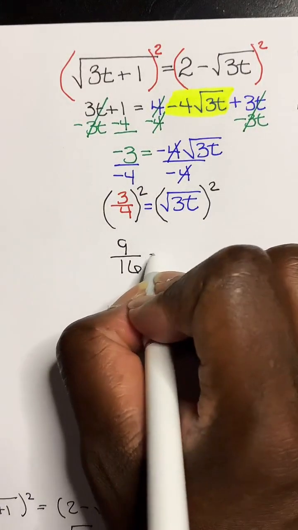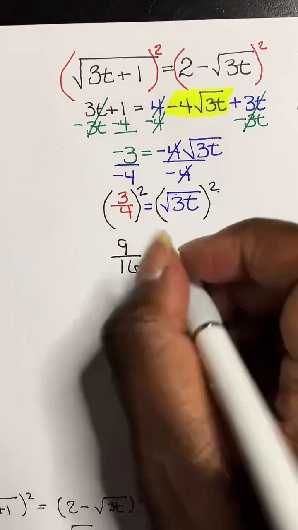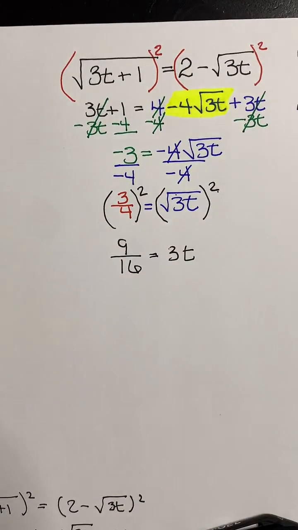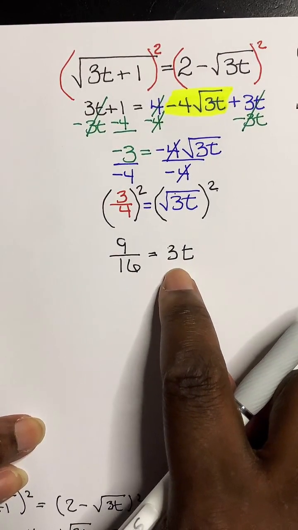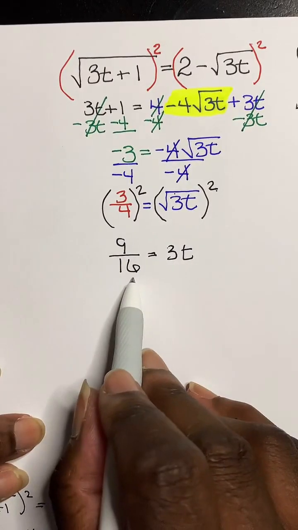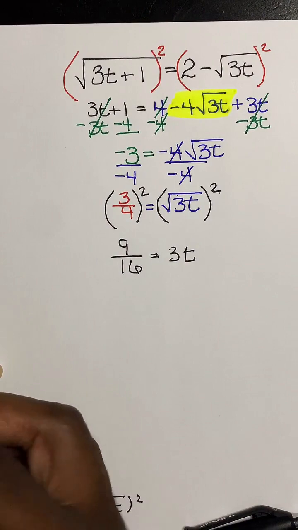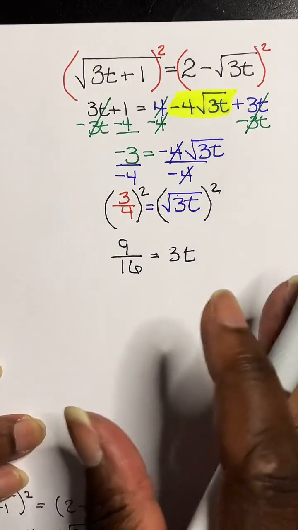And on the other side, the square and the square root cancel out, giving me 3t. But then we need to divide by 3. When you divide with a fraction, it looks crazy, like a double-decker sandwich with not appetizing meats in between.